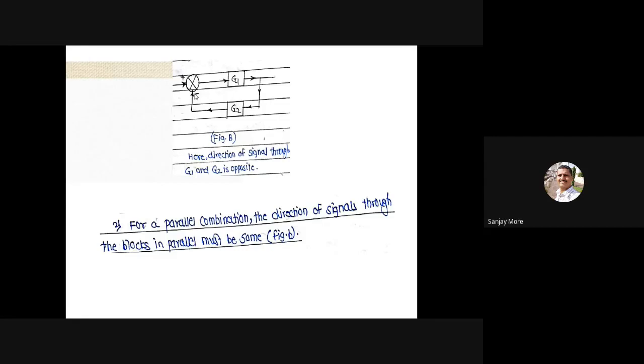Also draw this second diagram and write down this sentence.